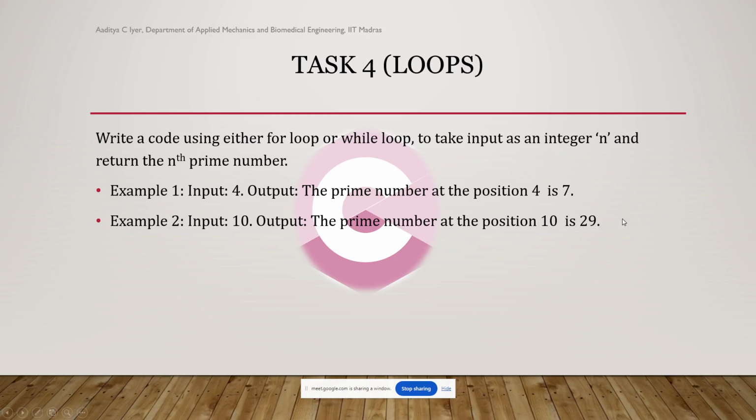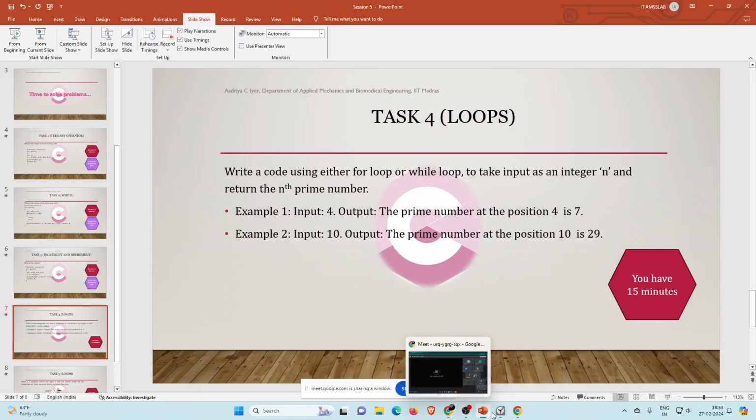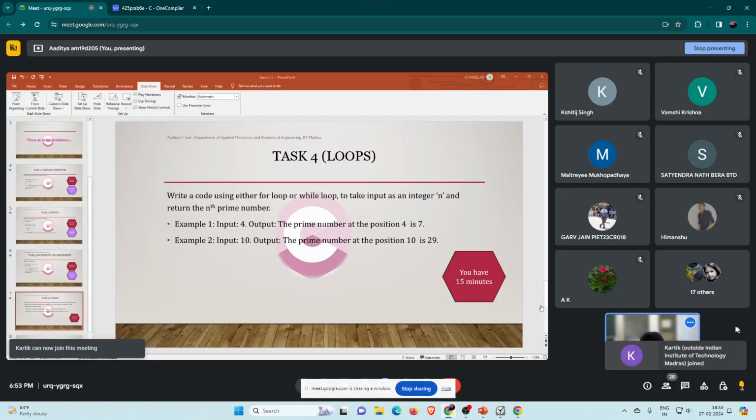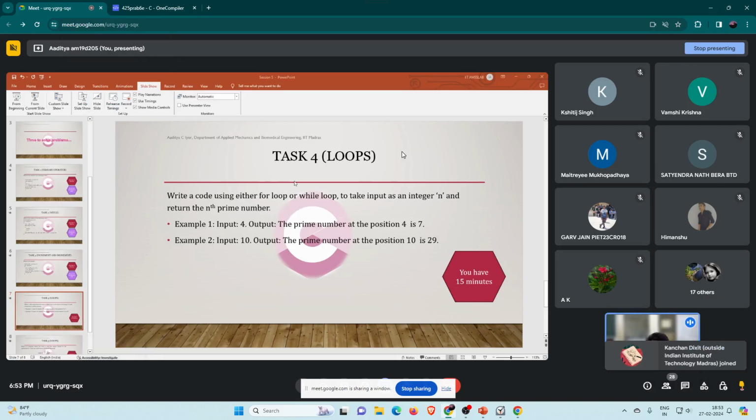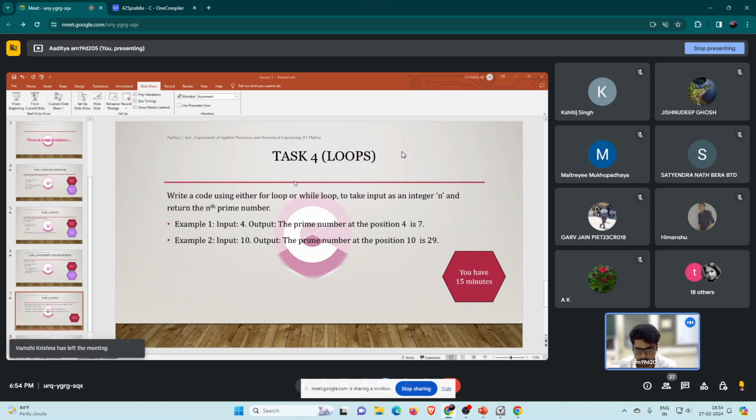If we count: 2, 3, 5, 7, 11. See, 9 is not a prime number because it has 3 as a factor. 11, 13, 15 is not a prime number because it has 5 and 3 as factors, and all even numbers have 2 as a factor, so I can skip them directly.